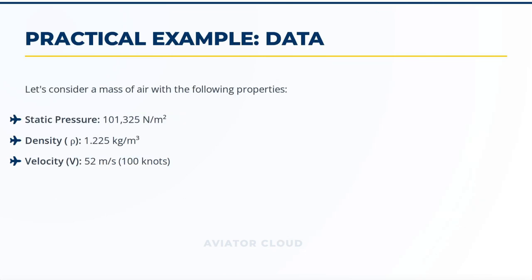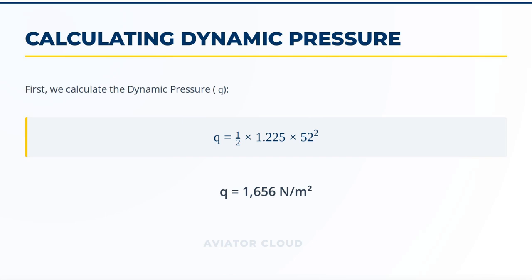So next, I have taken some practical example. I am not going into the mathematical terms, but see here: static pressure 101325 Newton per meter square, and your velocity is 100 knots. That means let's say 52 meter per second. What happens?